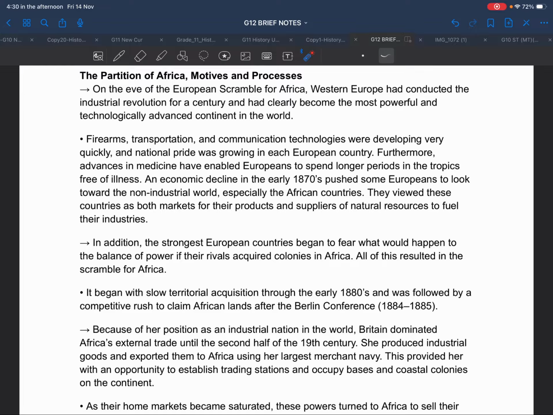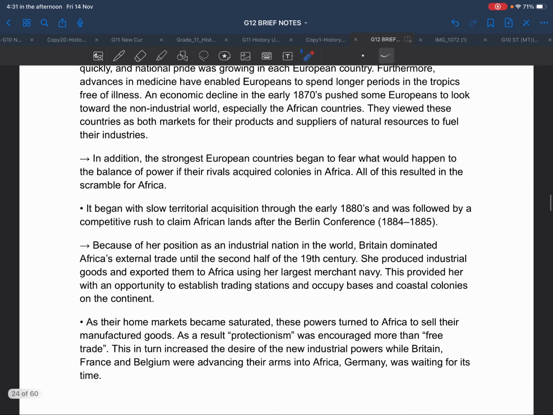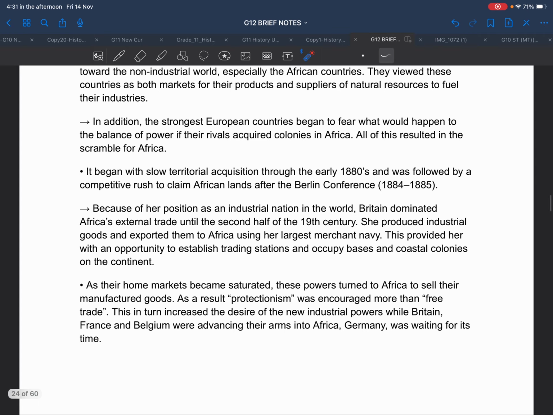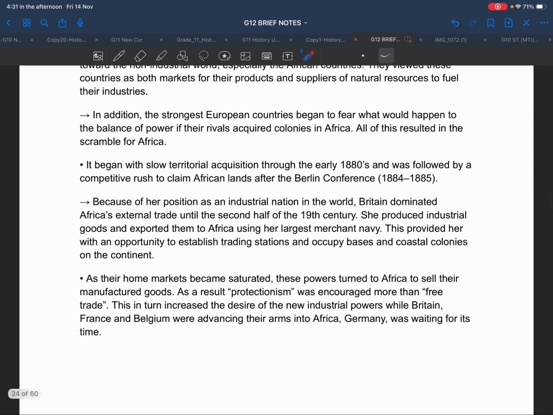An economic decline in the early 1870s pushed some Europeans to look toward the non-industrial world, especially the African countries. They viewed these countries both as centers of markets for their finished products and commodities, and as suppliers of natural resources to fuel their industries.